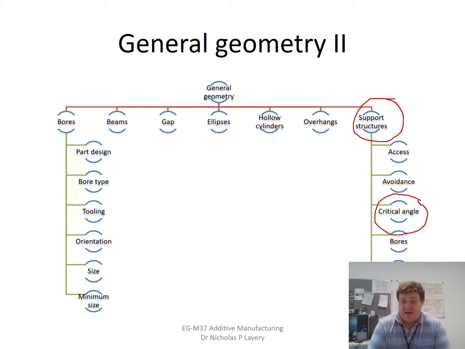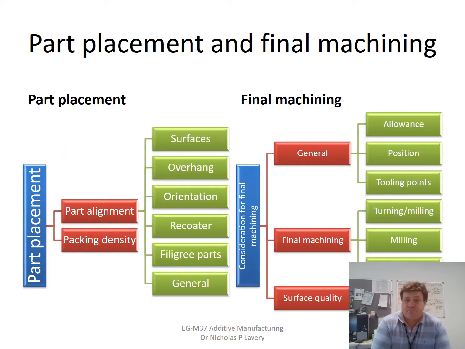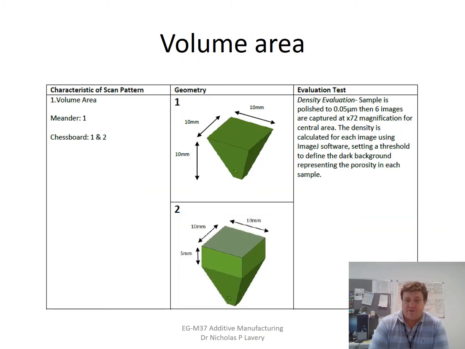It's not always the case. Sometimes if you have small enough holes, they will be self-supporting, but certain features as they go up, the overhang becomes big enough that you need the support structures. So now looking down the part placement, this is just basically going through what we've already talked about, so I'm not going to go on any more about that.